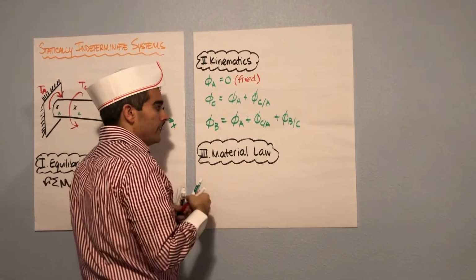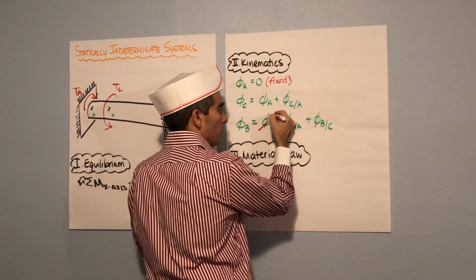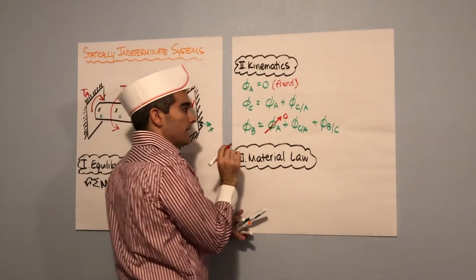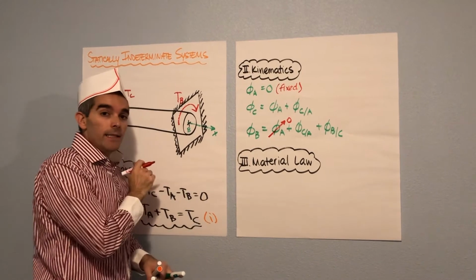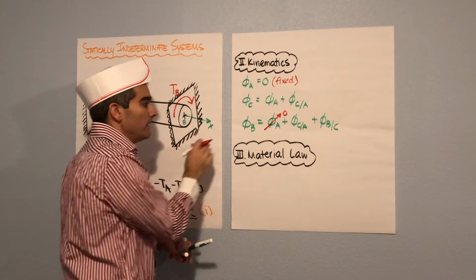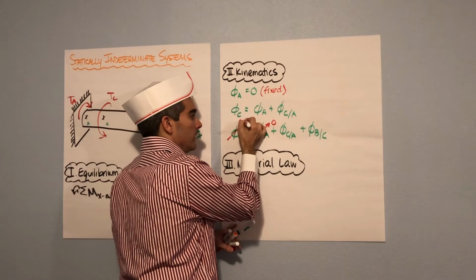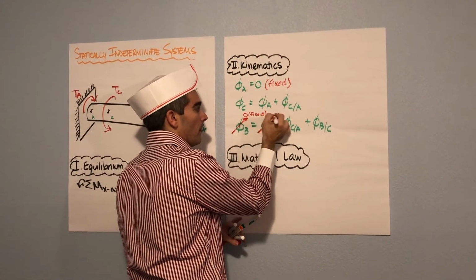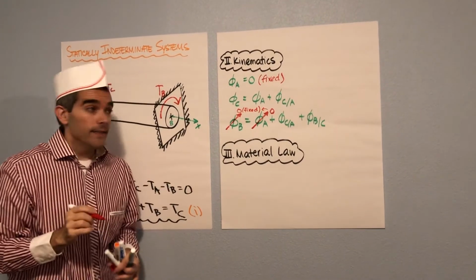In our case, the twist at A is 0 because it's fixed. And we also know that point B is fixed, so if point B is fixed, this angle of twist is also 0. We'll say both of these are fixed, hence they're 0.